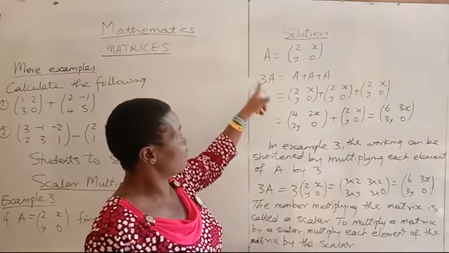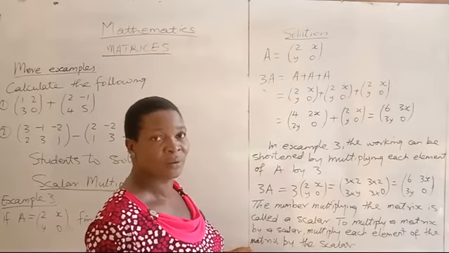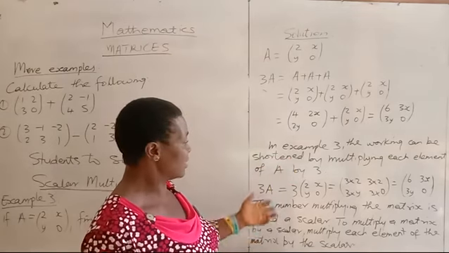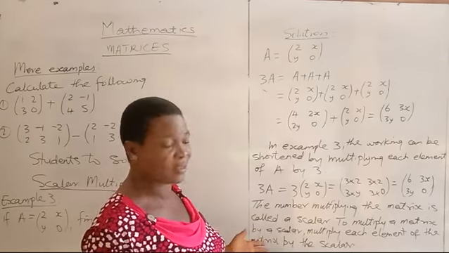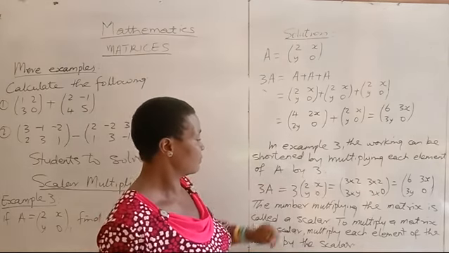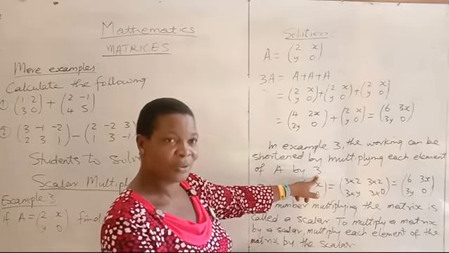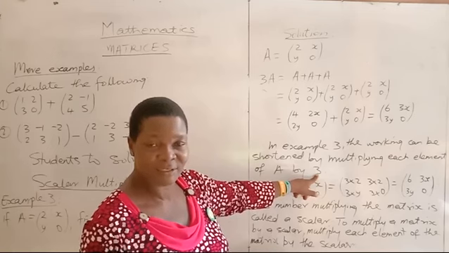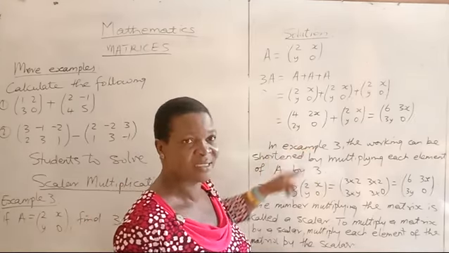This process of repeated addition can be shortened. There's another short way of doing it. That is going direct to multiply the elements of the given matrix by the scalar. Here now you can see, even without being told the meaning of scalar, this is a numeral, an ordinary number, which you are using to expand.